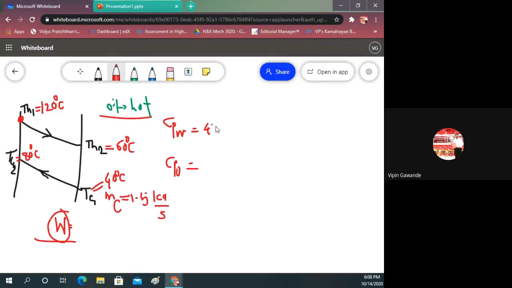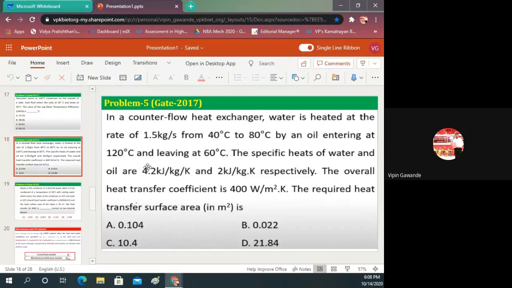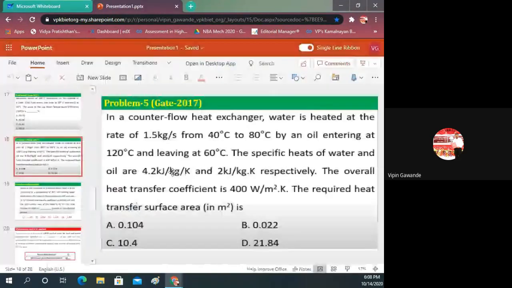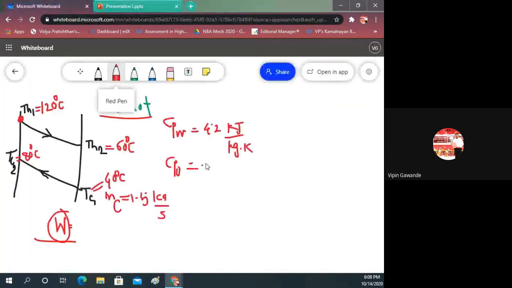Here you have to be careful about the unit also. It is kilojoule per kg. 4.2 and this is 2 kilojoule per kg.